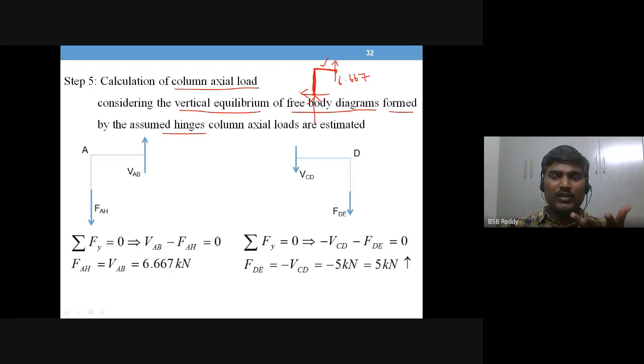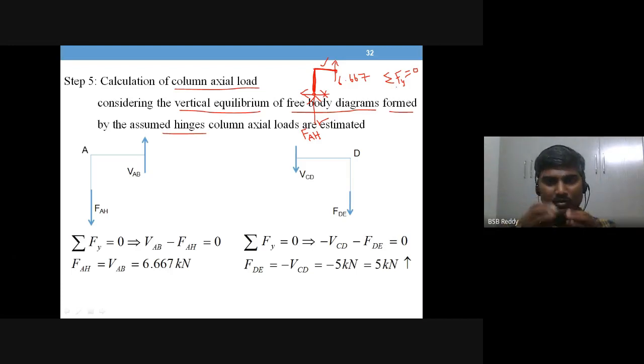There is no point in knowing that value, it is not required here. Reason: you want this vertical force, so we will be applying sigma Fy is equal to 0. That means there is no need of representing horizontal forces because you don't take them into this equation.